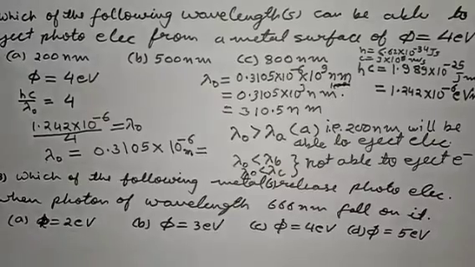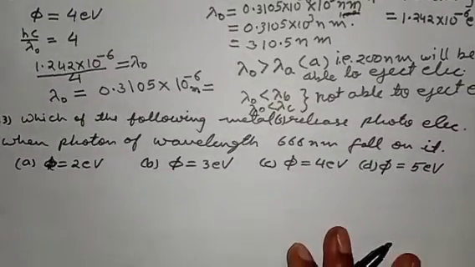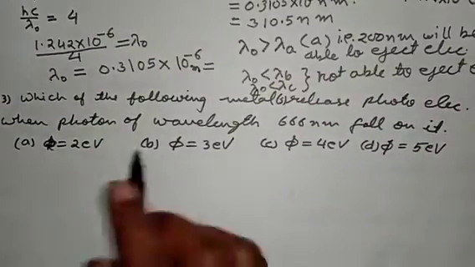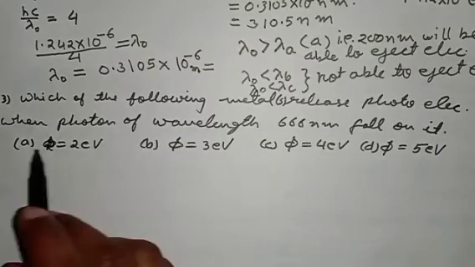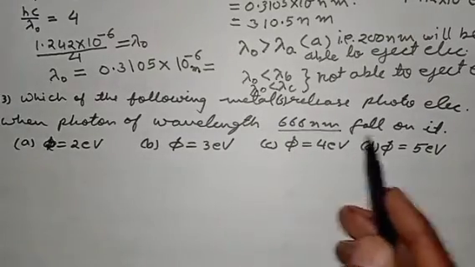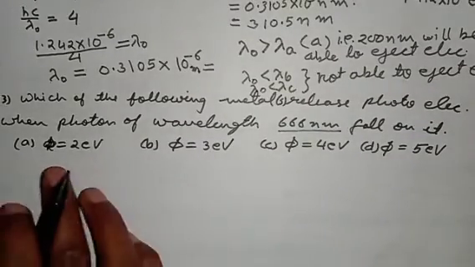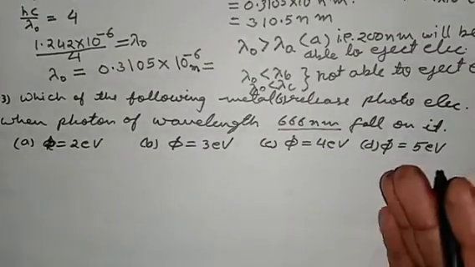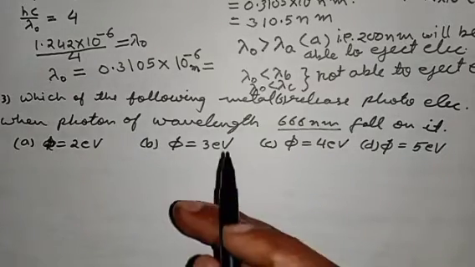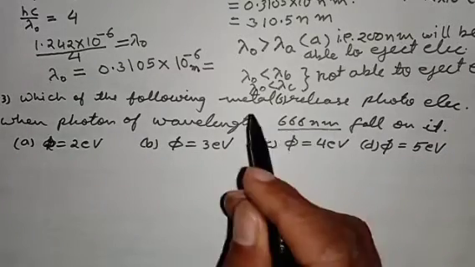Next, which of the following metal or metals release photoelectron when a photon of this wavelength falls on it? Here again a trick. We should not go for them separately. We can do it trickily by finding the energy associated with this photon.